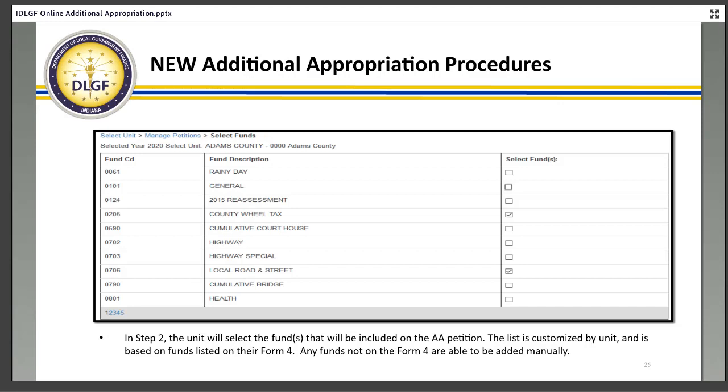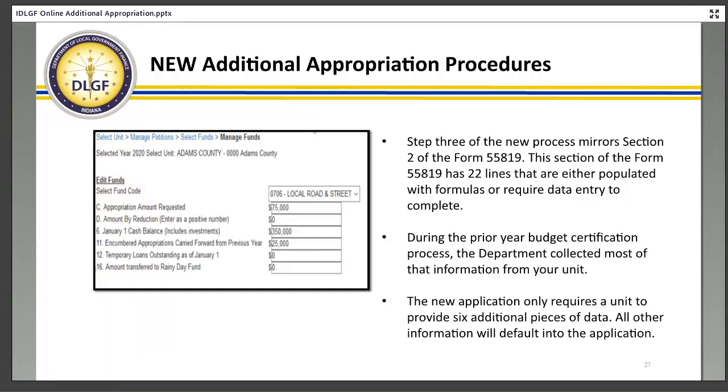Now, if you have a new fund that didn't go through the budget cycle last year, there is a method in the application that will allow you to add new funds. But for starters, everyone will be able to choose from the funds that we are aware of before having to go through that process of adding funds manually to the request.